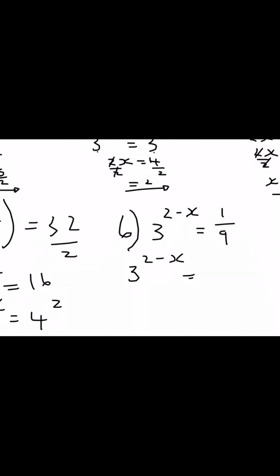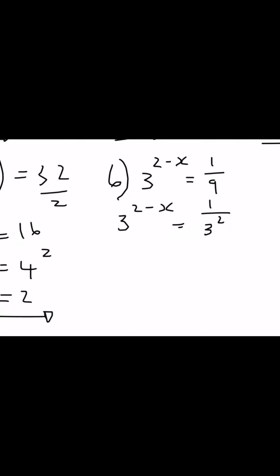And what we are going to do there, you see there 9 can be written as 3 squared. So I haven't changed anything. I've just written it in its exponential form. So now what I don't want is the fraction. So how do you remove the fraction? Obviously, this is how it works.